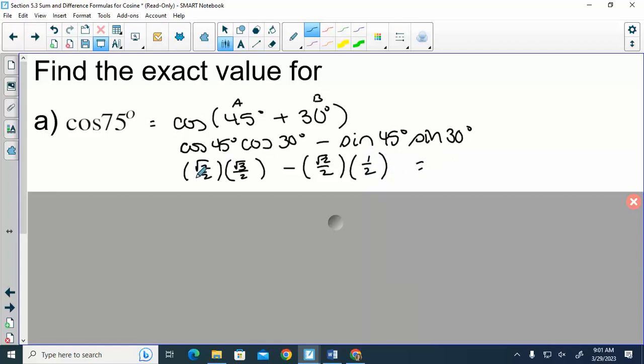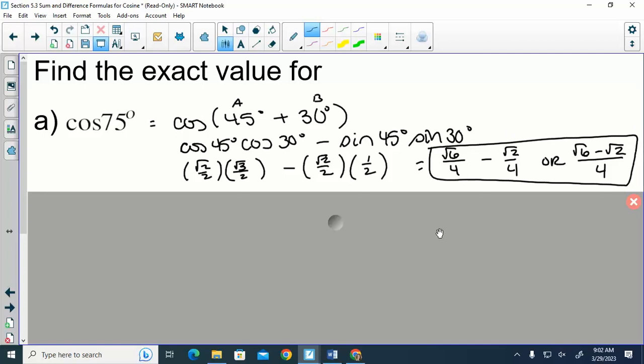When you multiply, radical 2 times radical 3 is radical 6. 2 times 2 is 4. Radical 2 times 1 is radical 2. 2 times 2 is 4. So you could answer it like that. Since they have a common denominator, you could make a single fraction, but radical 6 and radical 2, those are not like terms, so you can't actually combine them.